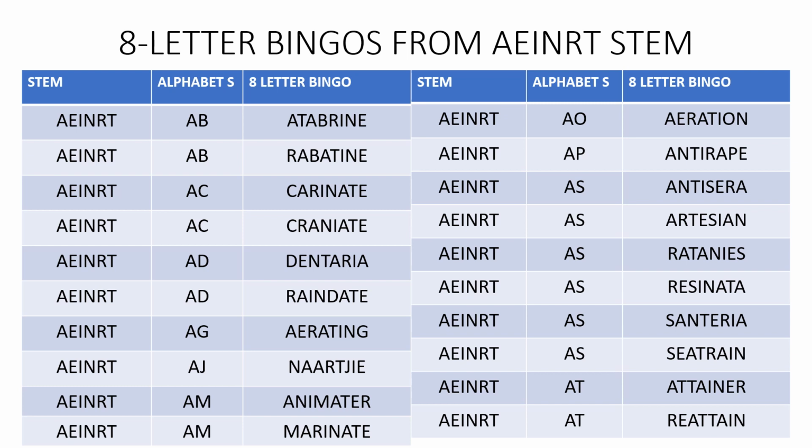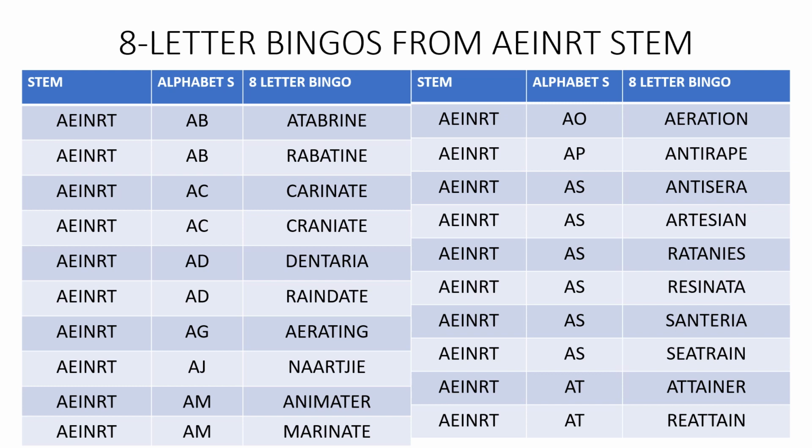So if you have A, E, I, R, T and any of the letters like B, C, D, you have also on your rack, but you cannot place this bingo. There is no place to play this.